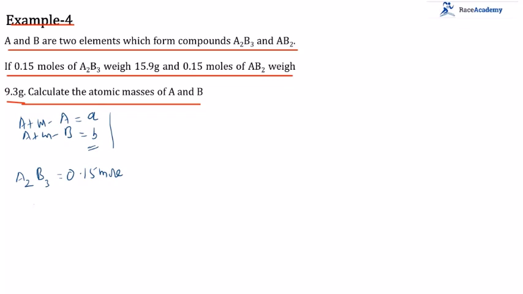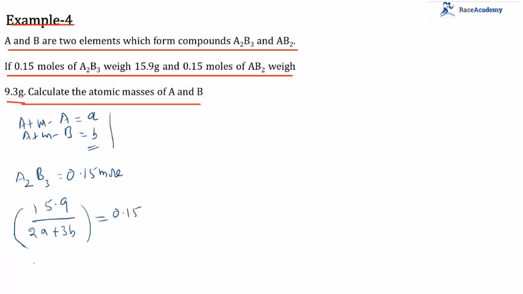The mass of this compound given in the problem is 15.9, divided by the molar mass, which will be the sum of the atomic masses. I have assumed the atomic mass of A is a and of B is b, so 2A plus 3B is the value in the denominator. It will become equal to 0.15.